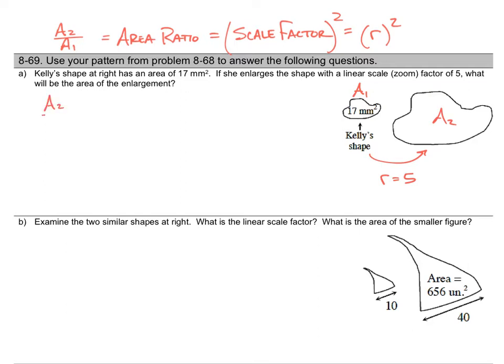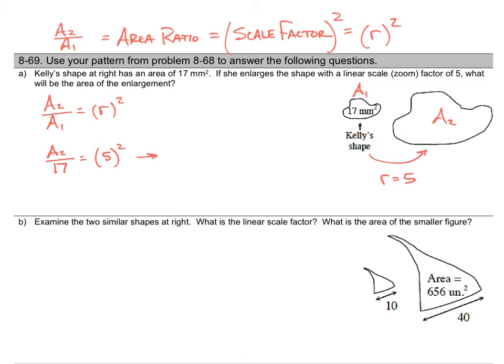So we're going to set up this proportion: A2 over A1 is going to be equal to the scale factor squared. Let's plug in what we know. A2 is the thing we're looking for. A1 is 17. The scale factor is 5, and we're going to square that.